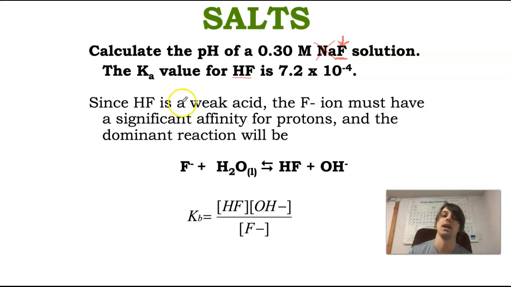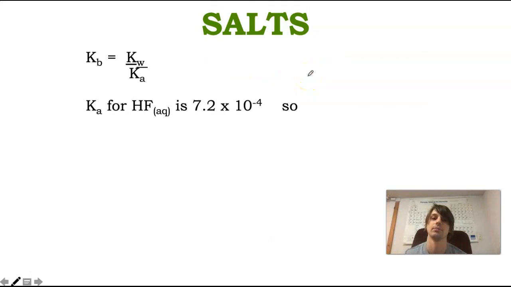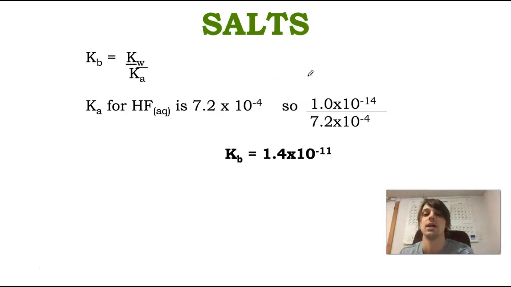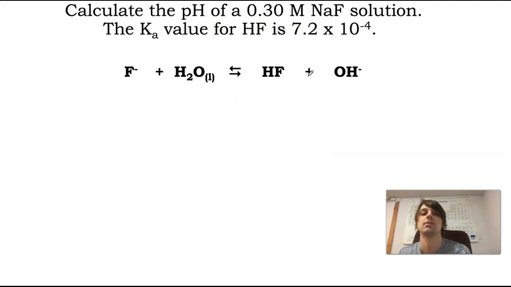I'm given the Ka, so I would need to take 1 times 10 to the negative 14th divided by the Ka, and there's my Kb. And now I can do an ICE table.